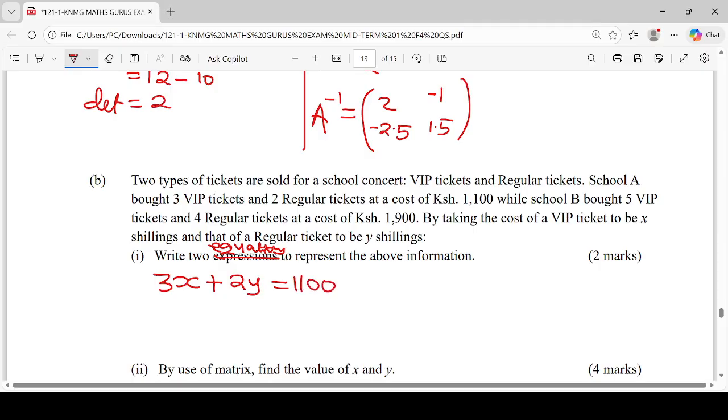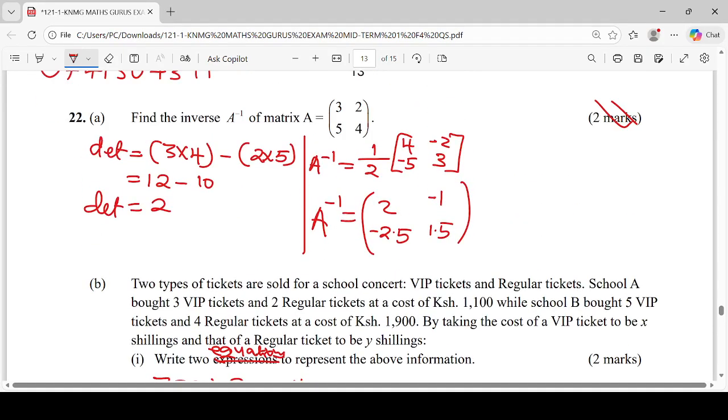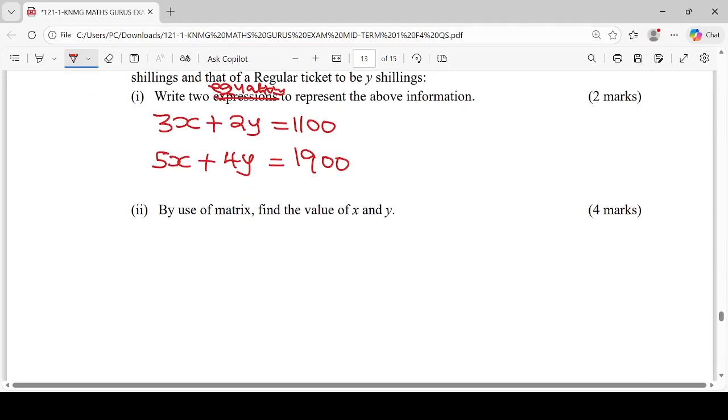The next one will be 5x plus 4y should be equal to 1,900 shillings. So those 2 that I've written there are what we call equations. Then, by use of matrix method, find the value of x and y.